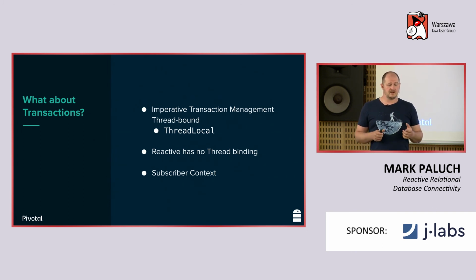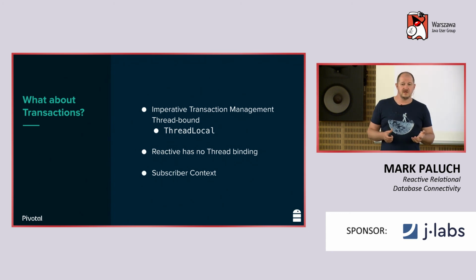So imperative transactions work with thread locals to store their transactional state and to augment your functionality. And every time we need to interact with the transactional state, we use thread locals. Now with reactive programming, we no longer have this binding to a particular thread. So we can no longer use thread locals because thread switches happen at arbitrary times.